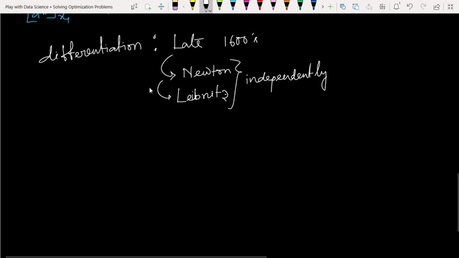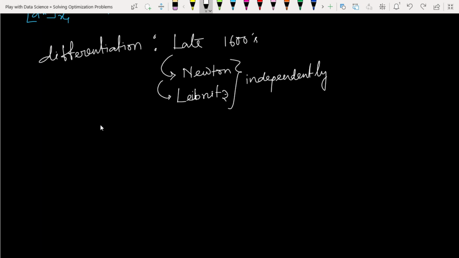They used this concept to describe velocity, acceleration, gravity, and this kind of physical thing. To describe these things, they used the differentiation notation. I think all of you know about this, so I am not going into the details.